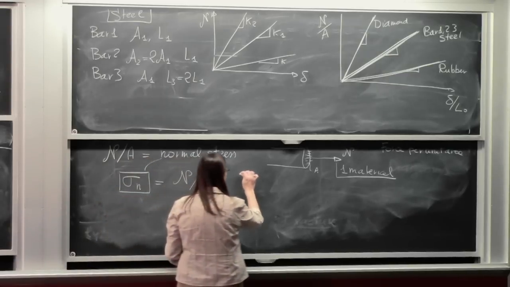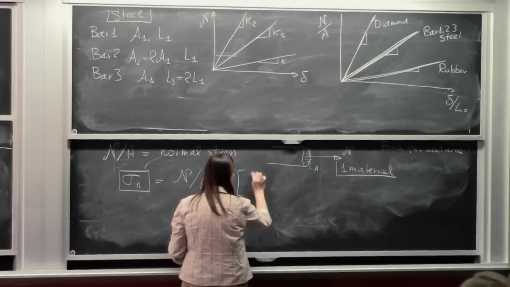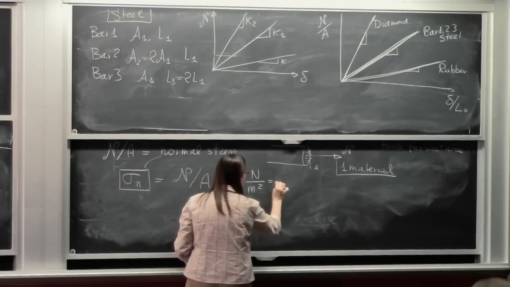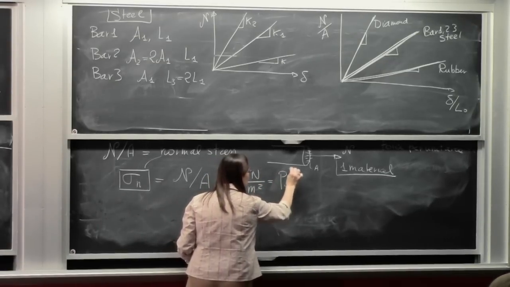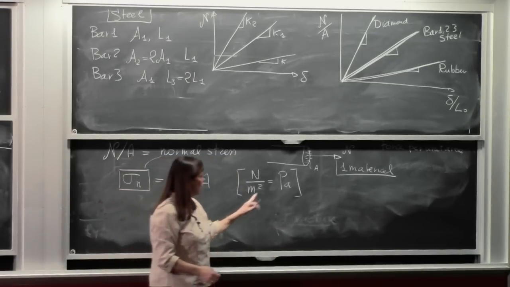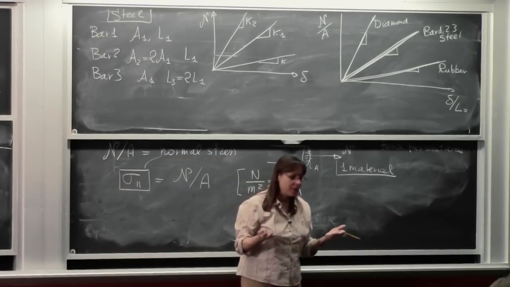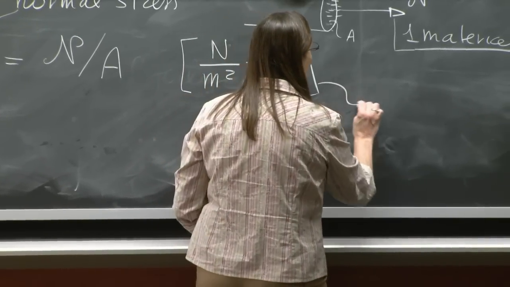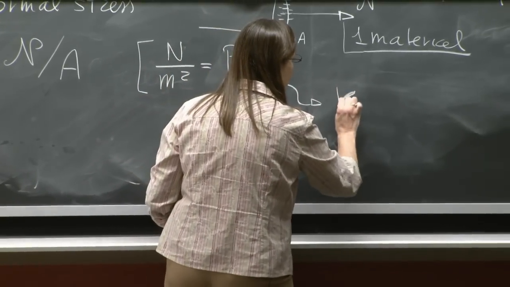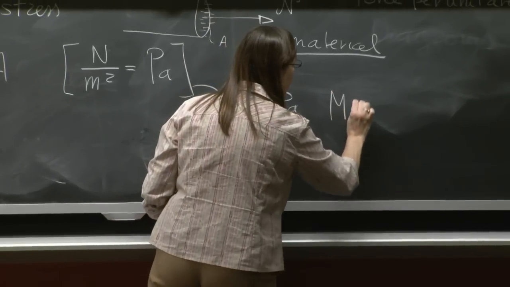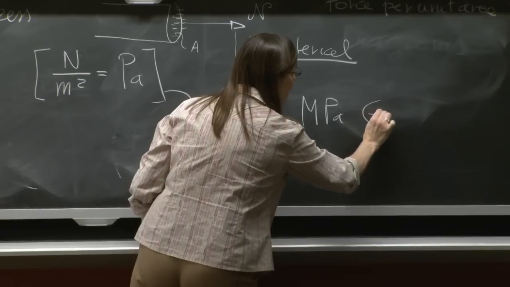And if you think in terms of units, the units are going to be Newton per meter squared, and that is called a Pascal. Pascals are very small guys, and a Pascal is a very small pressure. So normally, in 201, we're also going to need kilopascal, megapascal, and gigapascal.